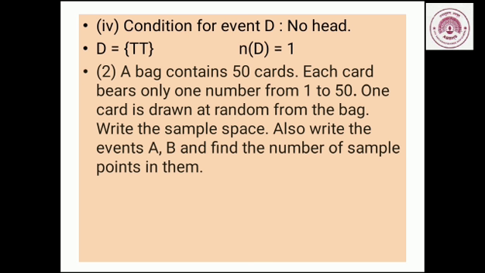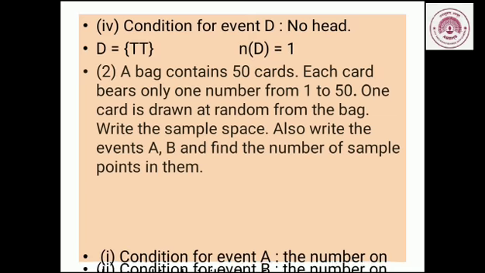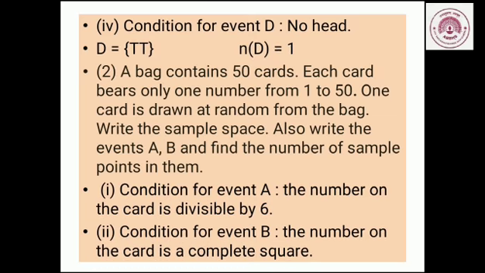Also, write the events A, B and find the number of sample points in them. The first one is condition for event A: the number on the card is divisible by 6. And condition 2, event B: the number on the card is a complete square.